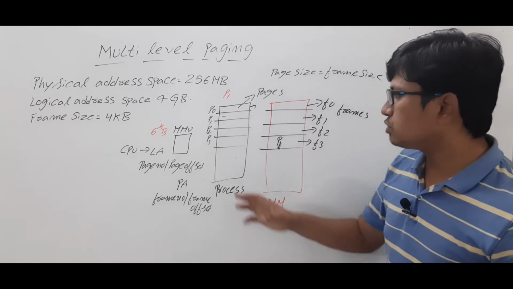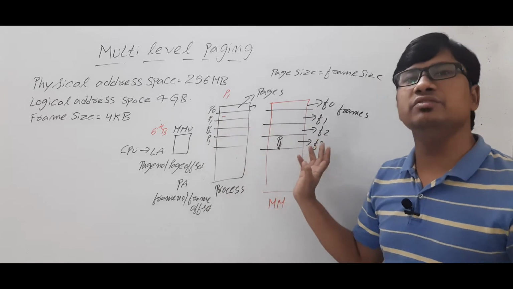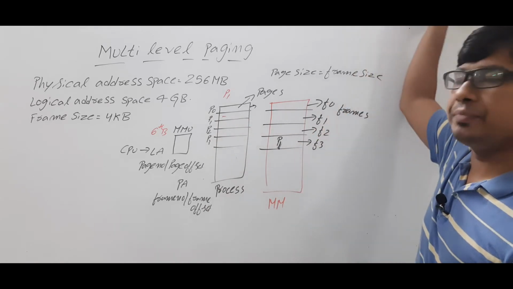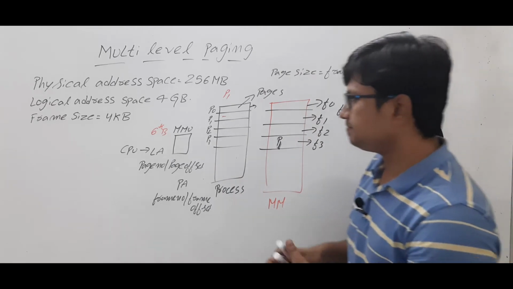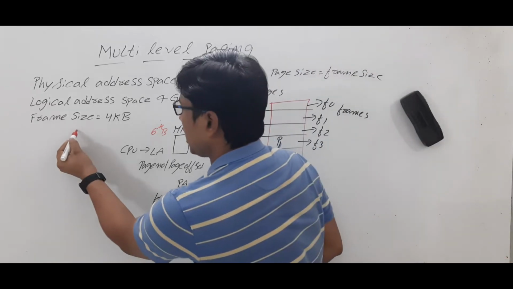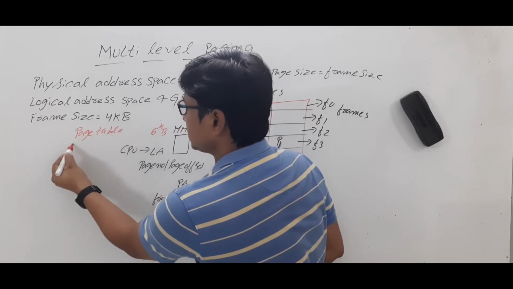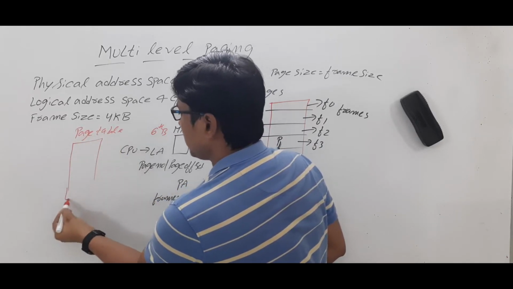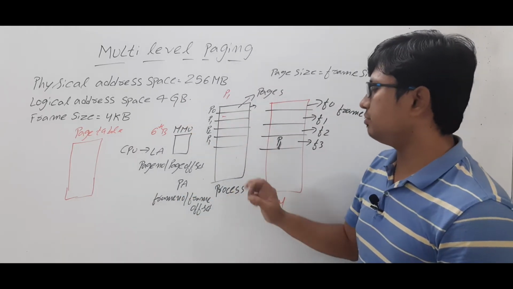Is it clear? So, to know which page of the process has been loaded in which frame, we will have a page table. The purpose of the page table is that it will have the information of all the pages of the process.